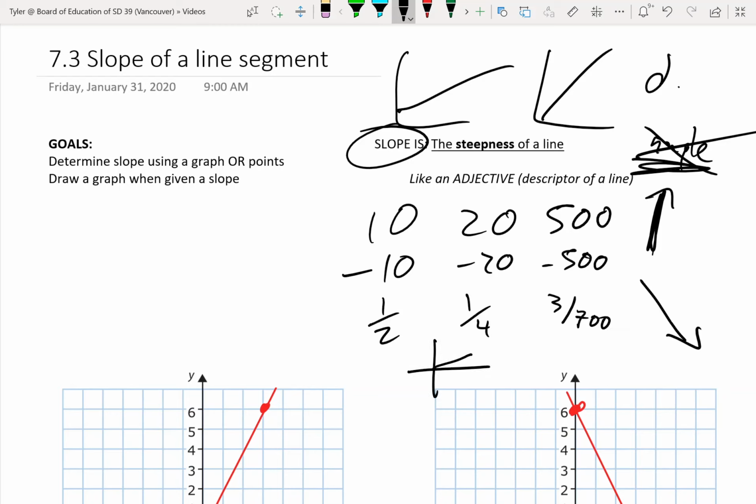So like that, or like that, or like that, okay? If it was negative, it would be going down and be fractional, and be shallow. Steep. So let's try and visualize and understand what this means.